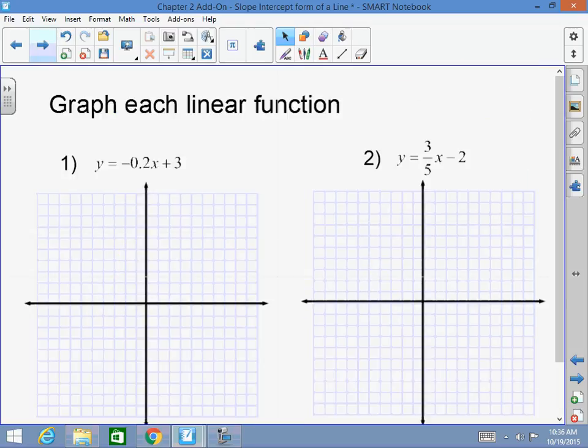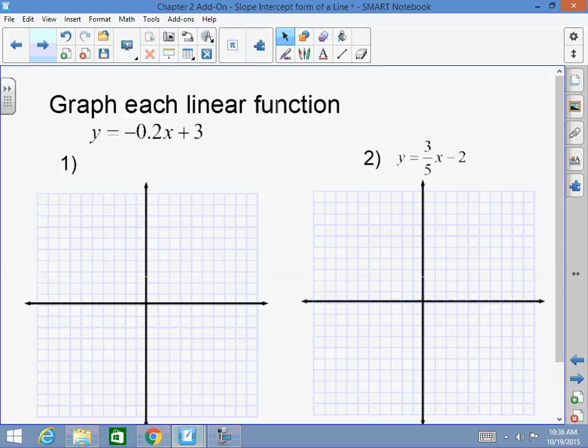Okay, graph each linear function here as well. In this particular case, we've got a little situation where it's a decimal. Whenever you have a decimal as a slope, you must turn it into a fraction.